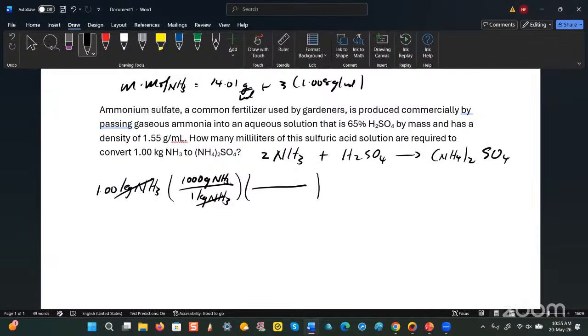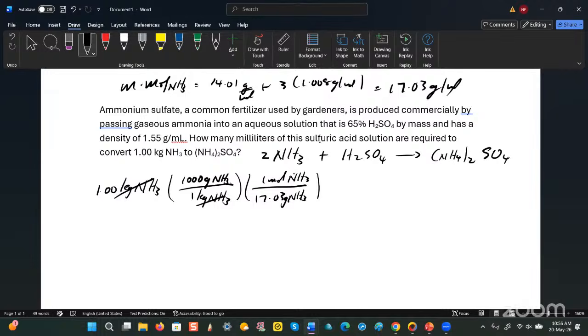So I got 17.03 grams per mole. So the way I'd represent that here is that I'll put 17.03 grams of ammonia for every 1 mole of ammonia.